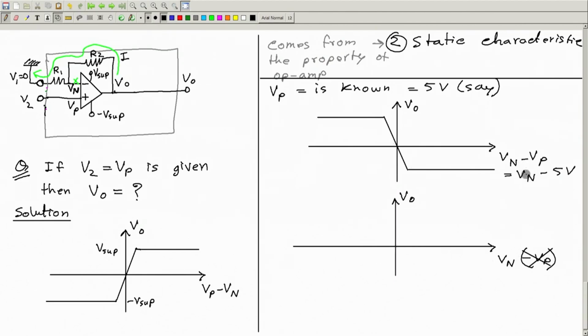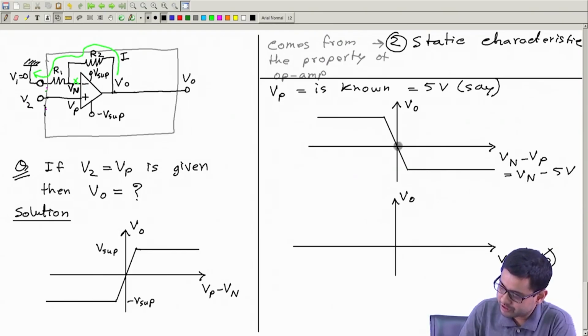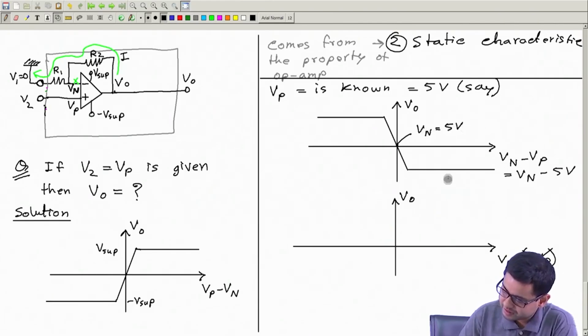So you see that here at this point, what is the value of Vn? Here Vn minus Vp is 0, which means Vn equal to Vp, which means Vn equal to 5 volt. Okay, so at this point Vn is equal to 5 volt, since Vn minus Vp is equal to 0 at this point. Okay, so that means at the value of 5 volt of Vn, this crossover occurs.